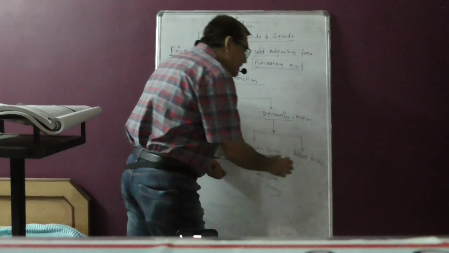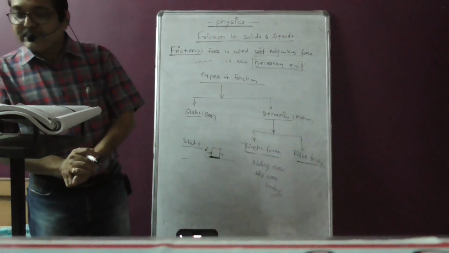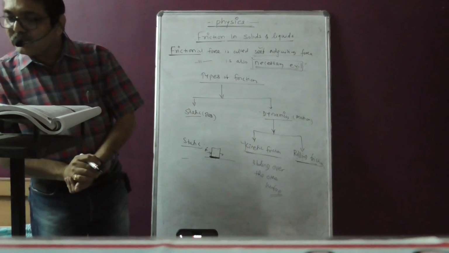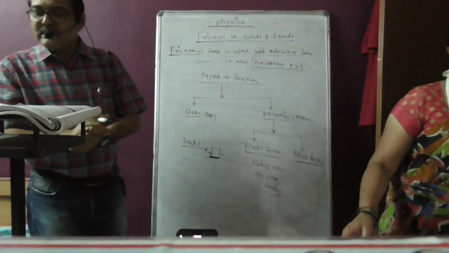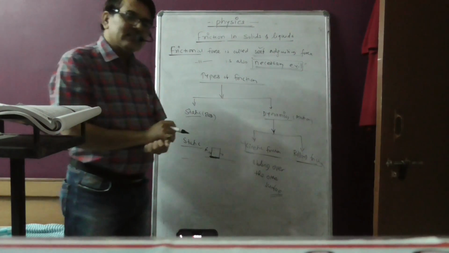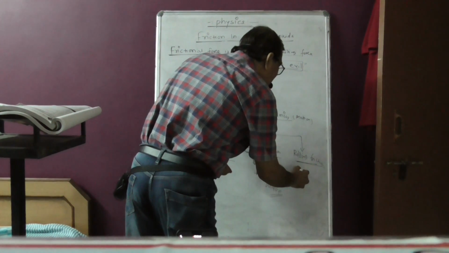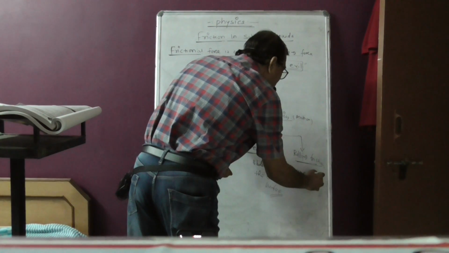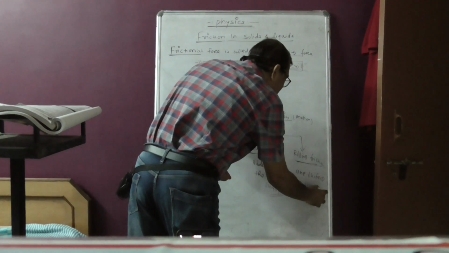Now, sir, what is the rolling force of friction? The rolling force of friction means the force of friction between the two surfaces in contact when one surface is rolling over the other surface.